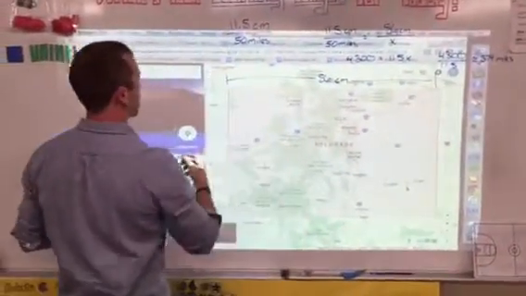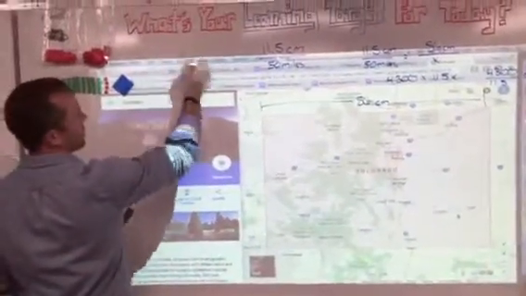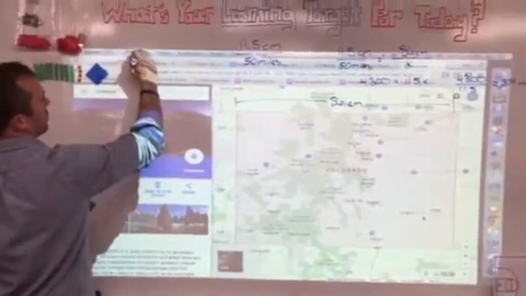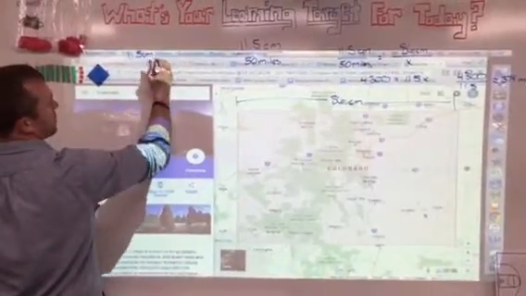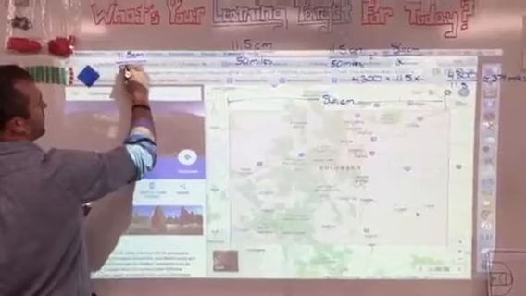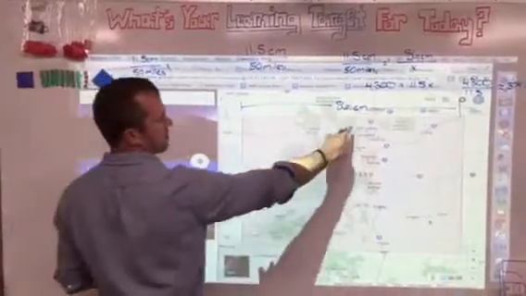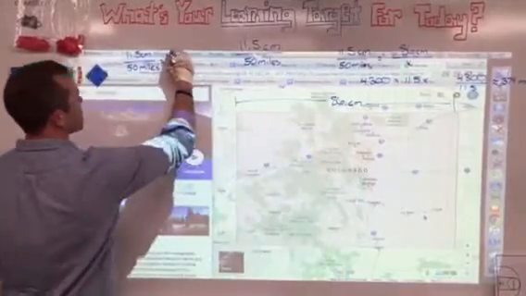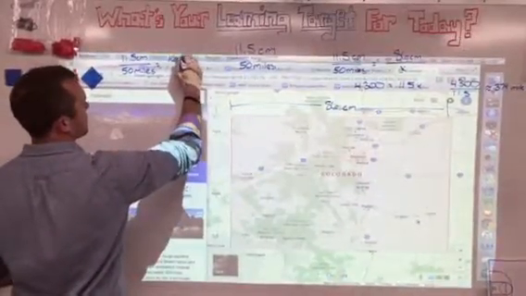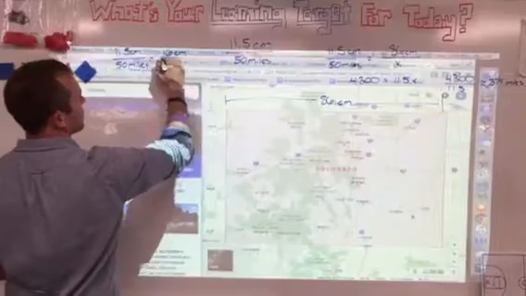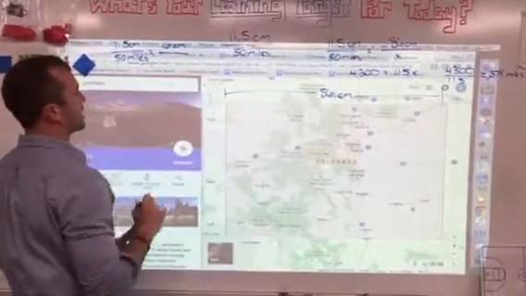So I could do that real quick. I'll do the math real quick. I'm going to use this scale, 11.5 centimeters over 50 miles equals, and I said this was 16 centimeters. So I could figure out how far that actually would be.